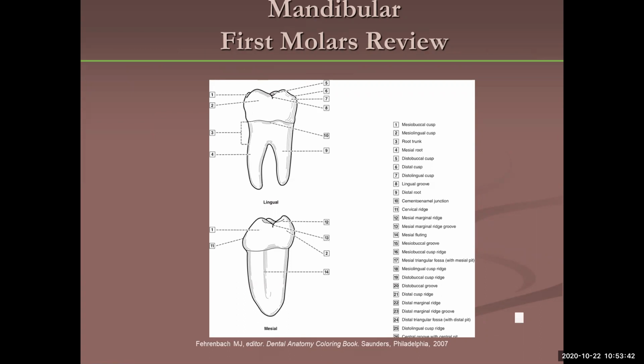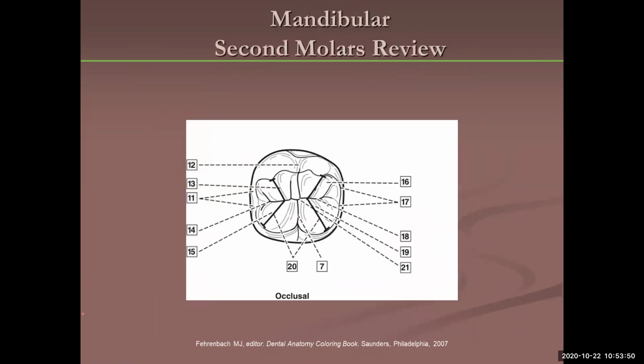I'm not going to have us go through this, but take a look, this is labeled with everything. Just review this and see if you can name things. What's number 12?